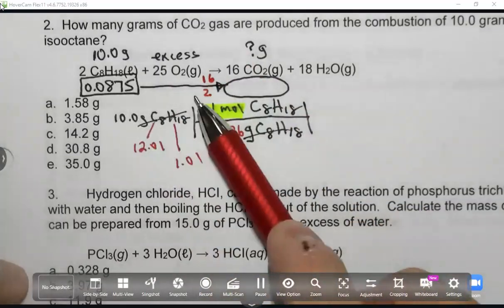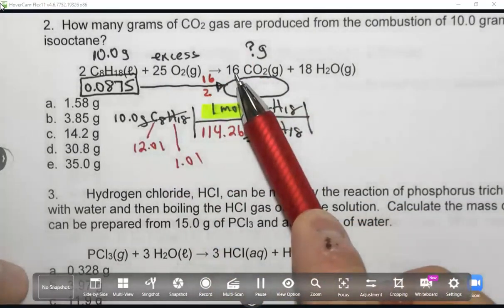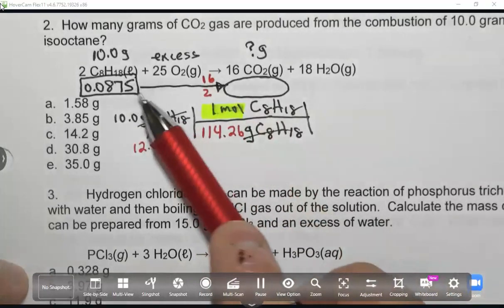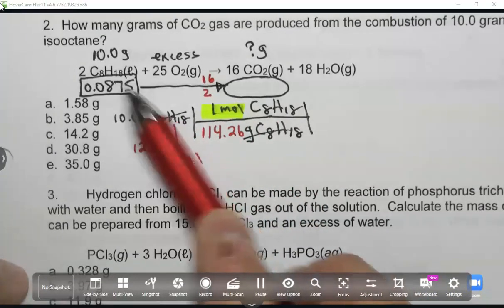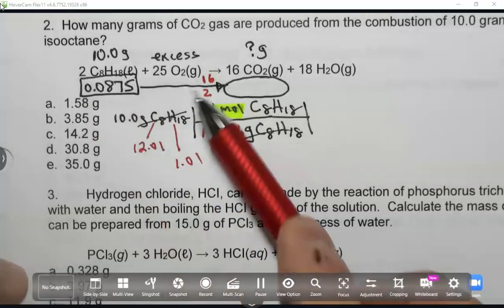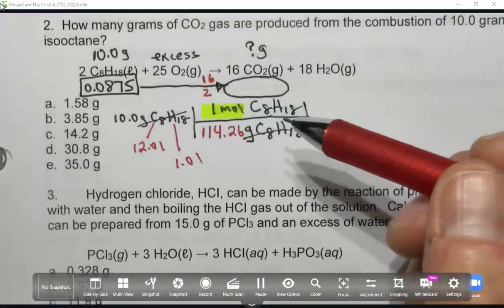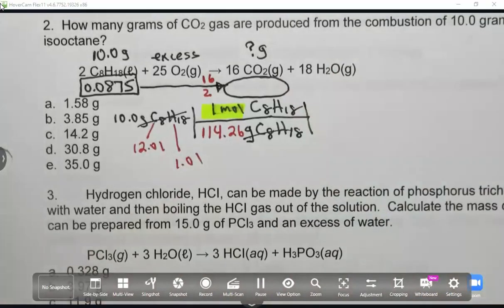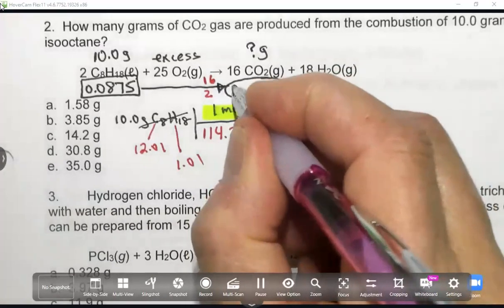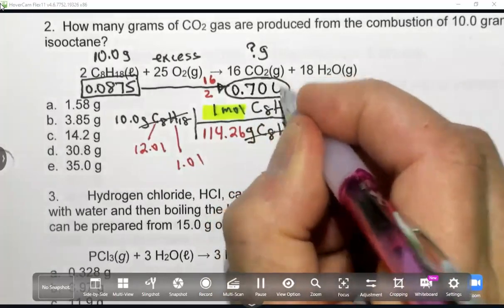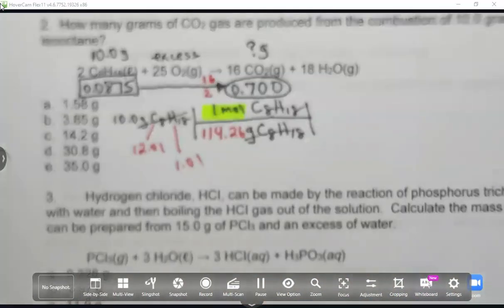As soon as I point my arrow here, the number that I'm trying to figure out goes on top. Where I start my arrow, that balanced equation number goes on the bottom. 16/2 is just 8. So I'm going to multiply this times 8, and I get 0.700 moles that I'm going to produce.